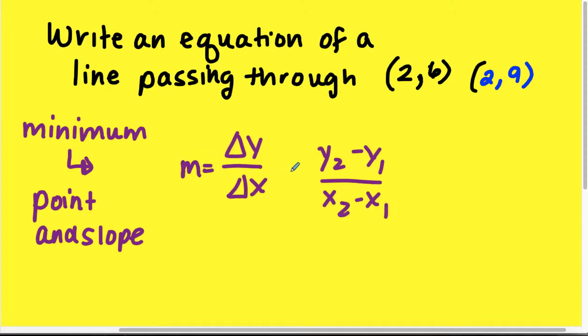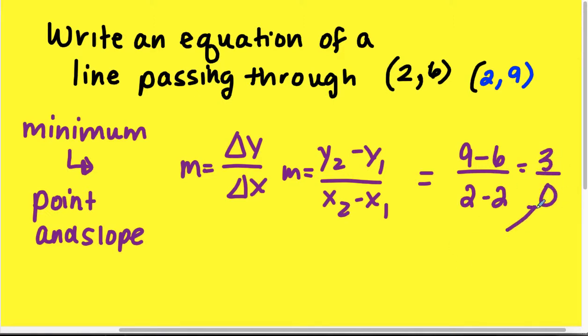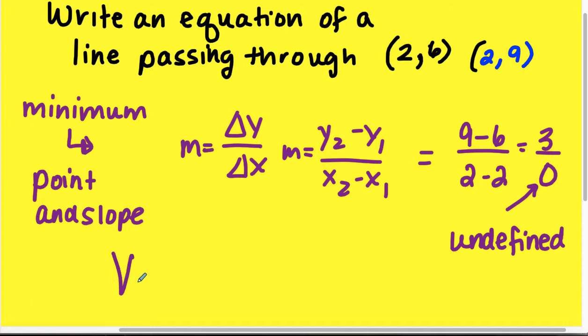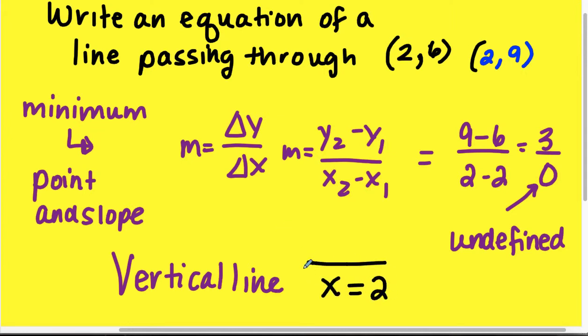Those are the slope formulas. So 9 minus 6 all over 2 minus 2. Uh-oh, 0 in the denominator. We can't divide by 0. That gives us an undefined value. So that tells me that this is a vertical line, and its equation would be x equals 2.